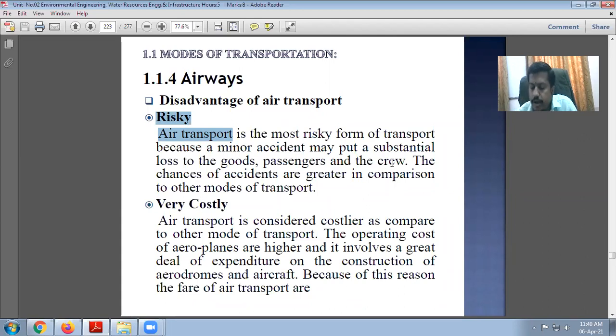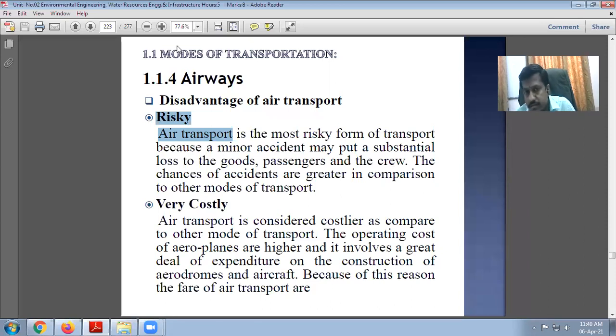Like last year also you heard in Kerala, I think in Kozhikode somewhere, that accident happened. The pilot was not able to control that aircraft, and we lost so many lives in that particular accident. I think one year before, that accident happened.